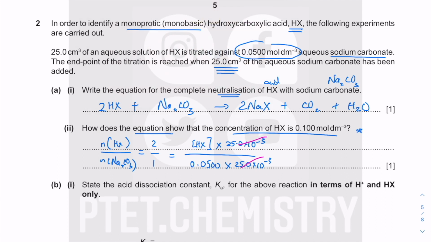This and this get cancelled out, so you can move your value around. Leave that on that side, and I can just move it to the left because everything is equal. So this one can be moved up, so I will get 2 over 1 times 0.0500. This will give me 0.100 mole per dm cube. Therefore, this is shown as required.